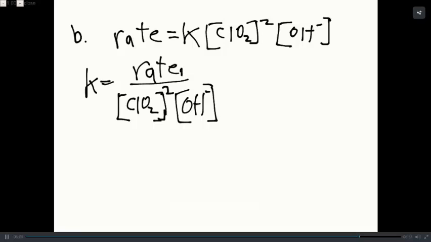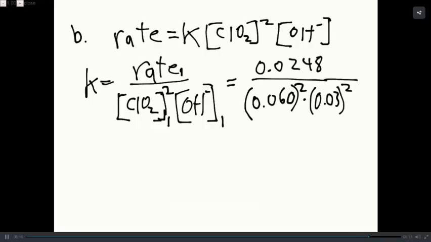So I'm going to put a little 1 here to say we're going to take the rate from experiment 1, the ClO2 concentration from experiment 1, and the hydroxide concentration. So those should be all our values from experiment 1. And again, the units are a tricky one. Let's do some unit math.